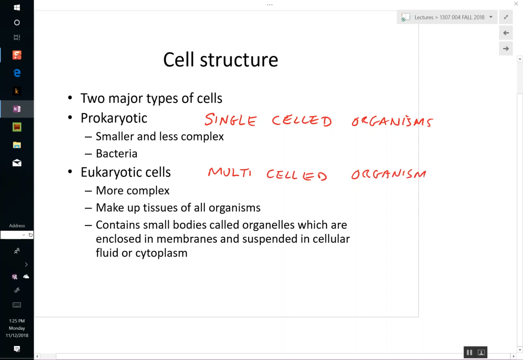And why is this important? As we go into cell membranes, the thing to point out here, most antibiotics, the broad range antibiotics, are made to attack bacteria. You take this and they kill the bacteria.